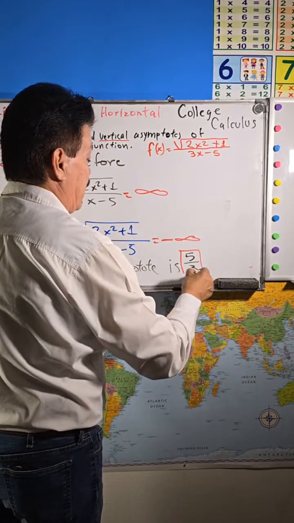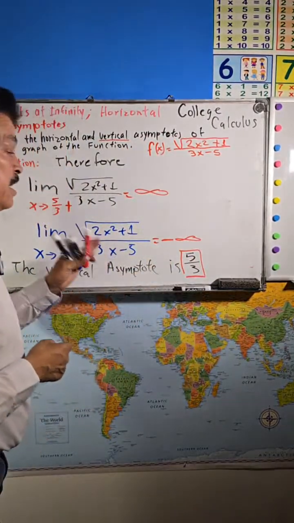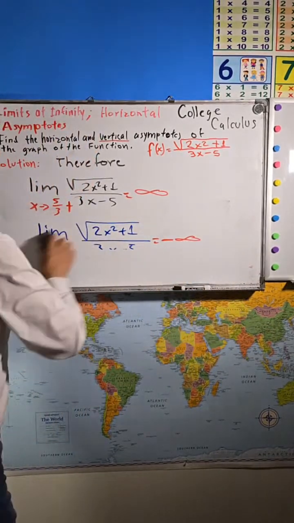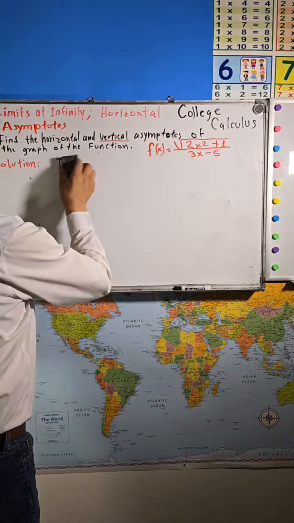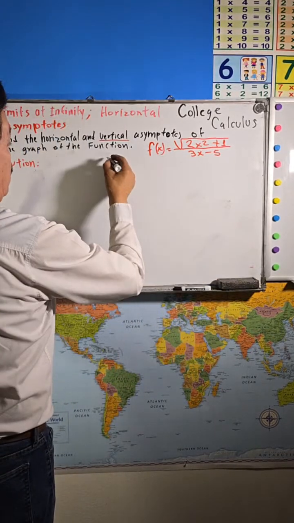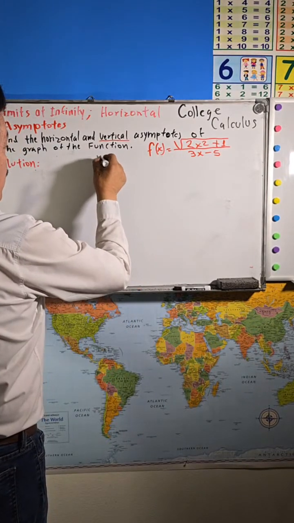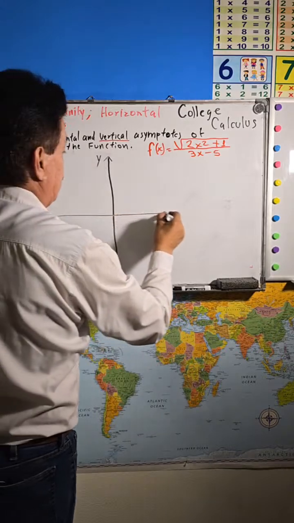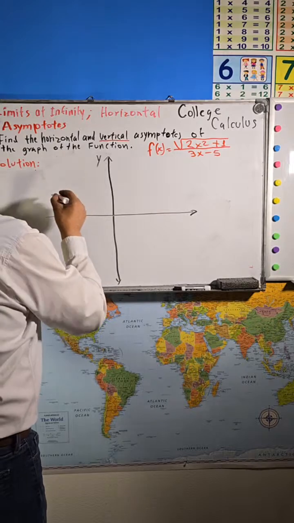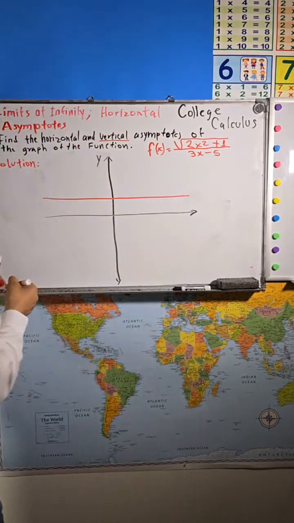Okay. So we got three pieces of data, 3 numbers. All right. Let's make the graph with all the data that we got from this problem. So I will make the picture here. This is y. This is x. One asymptote is right here.